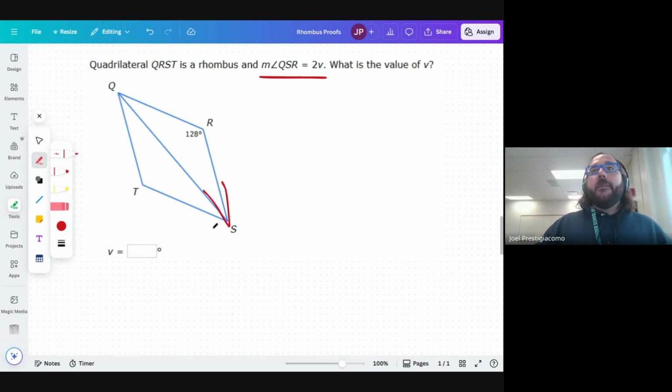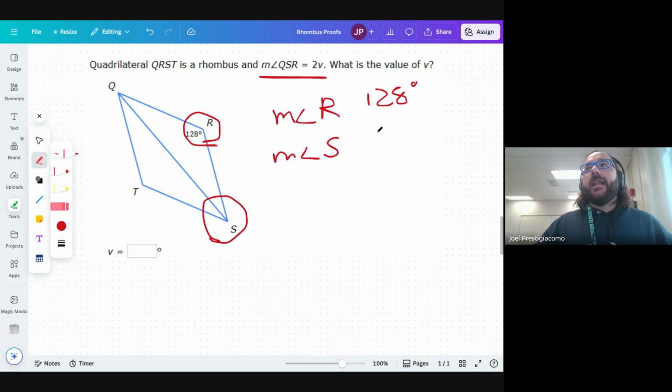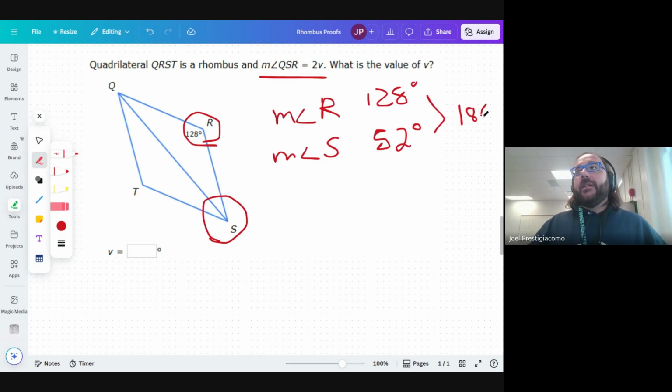Well, I know that adjacent angles here, so angle S and angle R, these two angles have to be supplements of each other. They have to add up together, right? So the measurement of angle R is 128. The measurement of angle S, therefore, is going to have to be 52, because together they should make 180. Now, again, you can subtract to find that, but that's the rule.